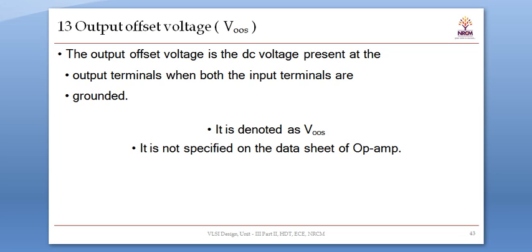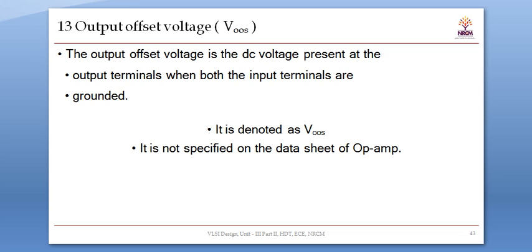The next electrical parameter is supply current. It is the current drawn by the op-amp from the power supply, and the value of supply current is 2.8 milliampere, denoted by the letter I suffix S. Again, the next electrical parameter is power consumption. It is the amount of power in milliwatts dissipated in an IC.